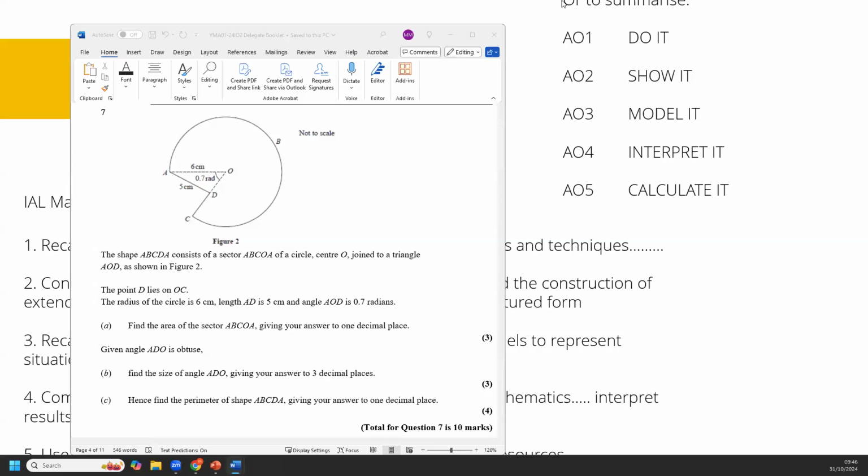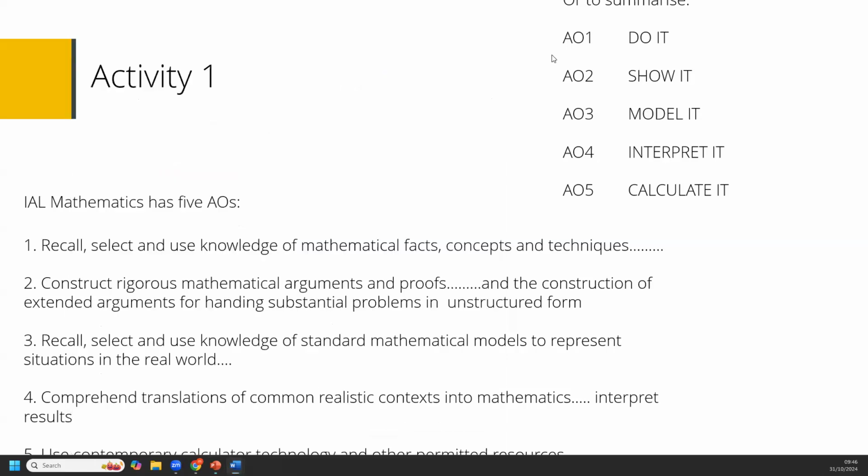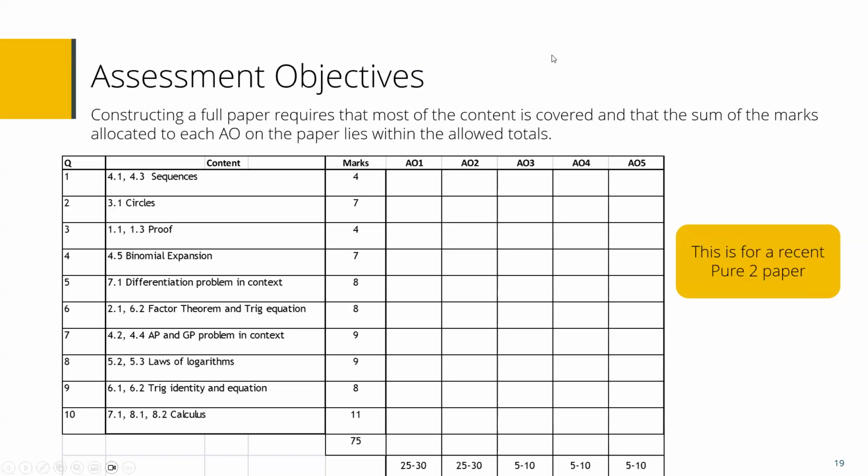So as you can see, there is a challenge when people write brand new questions. They have to be careful and they have to be aware of that. And what makes it even more complicated, if we look at the next slide here, you have the content from the specification and the marks of the questions, and they have to ensure that the sum across all those questions adds up to the totals that we mentioned in the previous table.